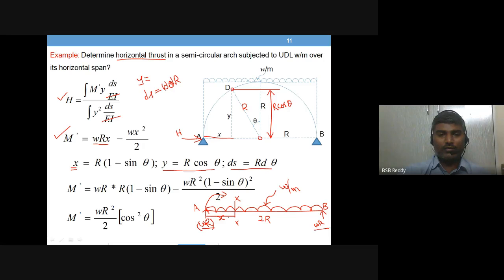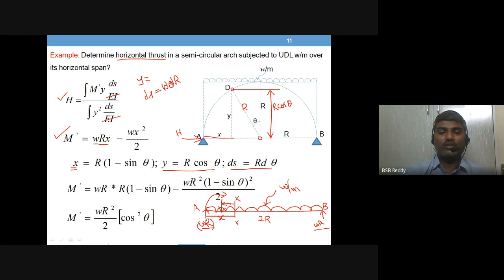Right, now what else you have to the left of this section? You have UDL. Okay, so what is total load? W into the span is x, so W into x, where it will act at the center of this x, that means x by 2.